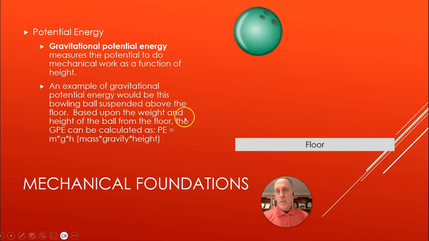So your big calculation for gravitational potential energy is this: mass times gravity times height, and gravity is 9.8 meters per second squared. And notice it's per second squared, and that velocity component that you have there is a squared number, so it goes up exponentially. Every second that ball is falling, the actual energy it's going to impart is going to go up, up, up, up, and up, almost exponentially.